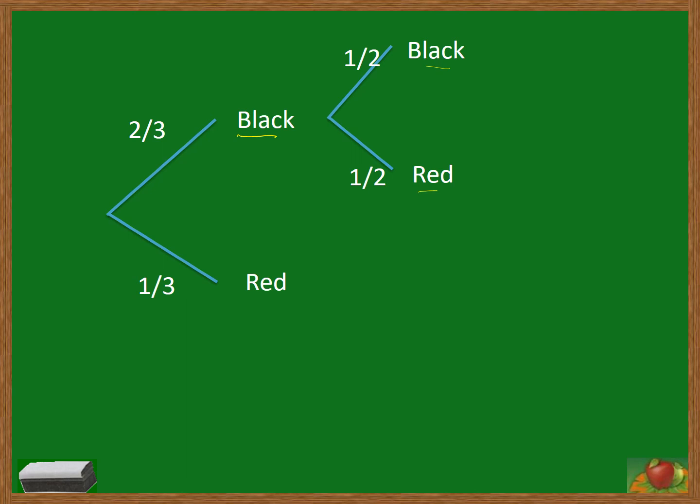If I draw a red on the first draw, then I have 2 marbles left, and 2 of those 2 marbles are black, but none of those are red. So if I want to find each of the probabilities, I'll write the probability of black.